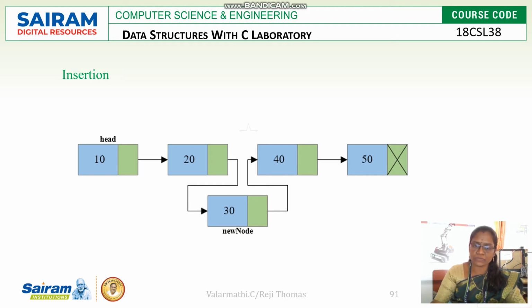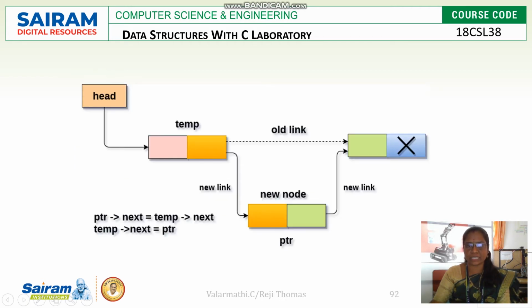Then the next part of the new node should be connected to the next node. So the next node is 40, the new node is 30, and the previous node is 20. The 3 important steps are: first, disconnect the next part of the previous node; then connect the next part of the previous node to the new node; then connect the next part of the new node to the next node. These 3 steps should be followed in inserting a node in between a singly linked list.